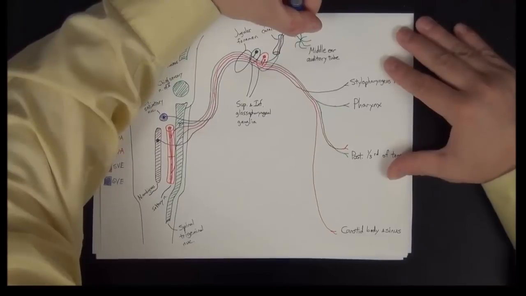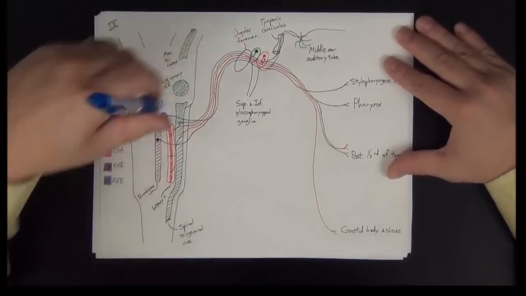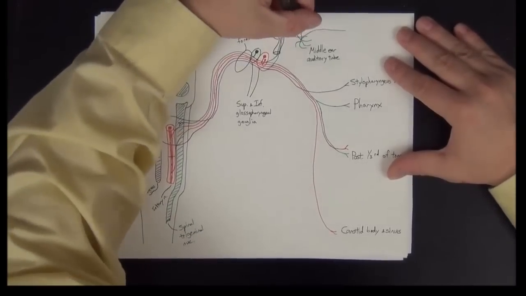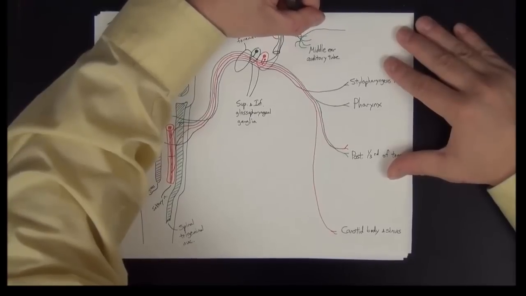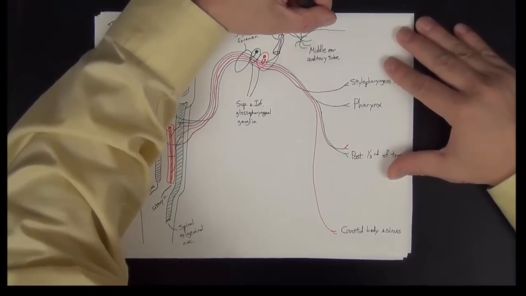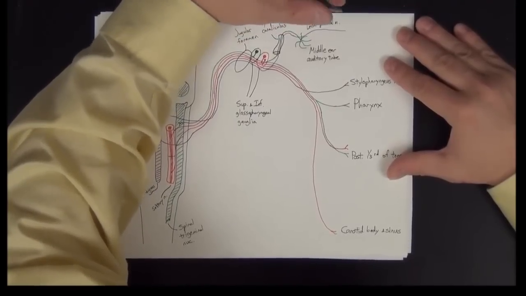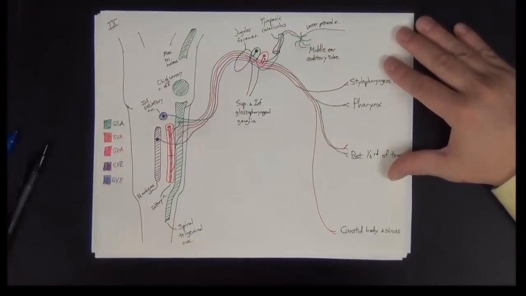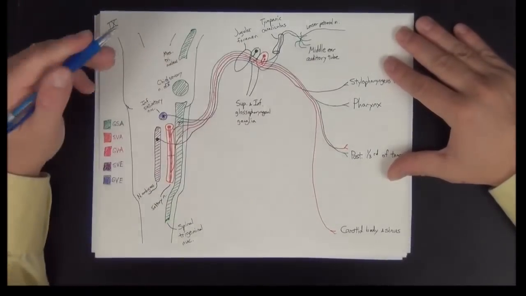But instead of staying there, they travel on the surface of the petrosal portion of the temporal bone. And at this point, these parasympathetic fibers go by the name of the lesser petrosal nerve. You may remember from the other video that the greater petrosal nerve is from 7. So salivary inputs and petrosal nerves go together.